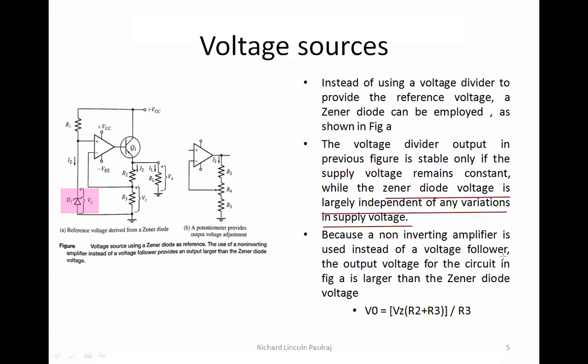Instead of a voltage follower, the output voltage for the circuit is going to be V0 equals Vz, the voltage at the Zener diode, times (R2 plus R3) divided by R3. You can see that R2 and R3 are forming the voltage divider concept.